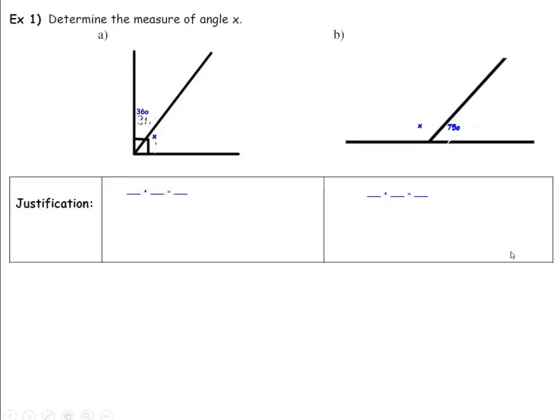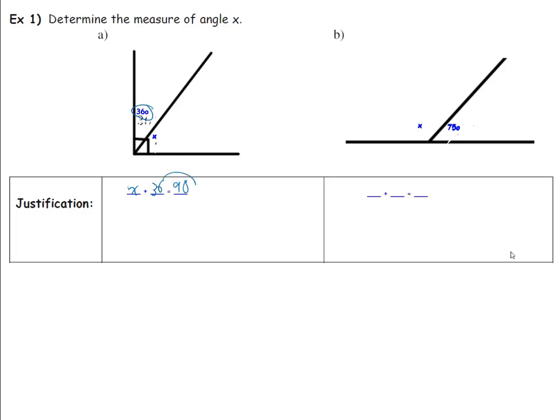We need to determine the angle and justify it. If we have 36 degrees right here and X over here, what do these two angles add up to? Well, it's not a flat line, it looks like a corner. So we know X and 36 are going to add to 90 degrees.